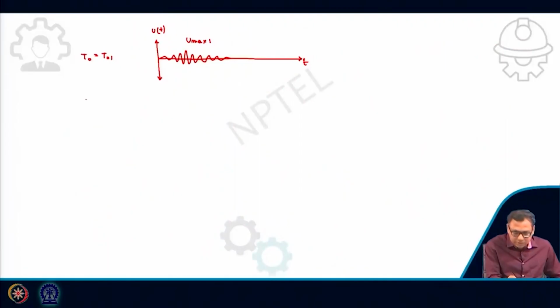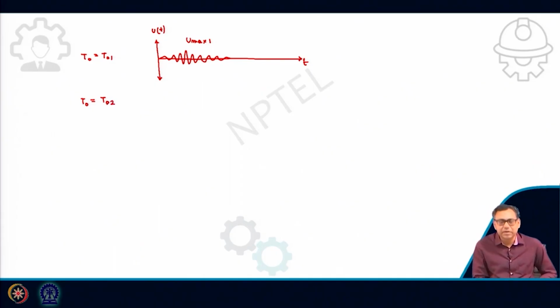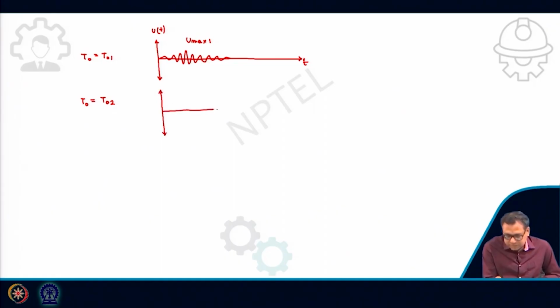Now what I will do is apply the same motion to another structure whose T0 is equal to T02, a different natural time period. Then I will again get a different response for the deflection.